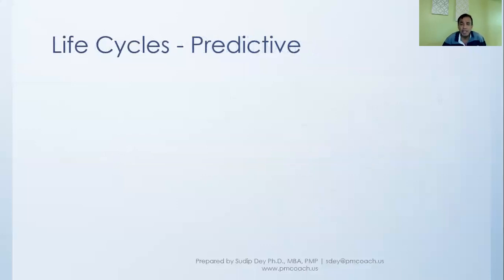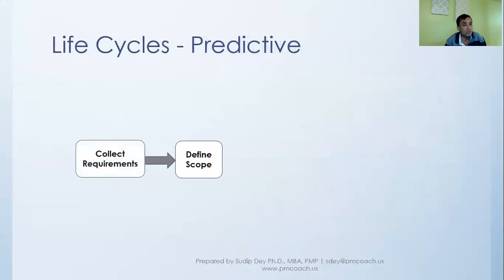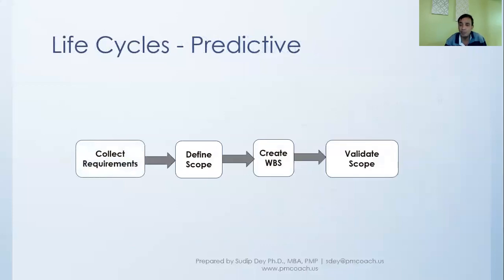Now, if it is a predictive life cycle, the way we'll move forward is we'll collect the requirements, we define the scope, we create WBS, we validate scope. And so it goes in a sequential process, because we said in predictive, we'll have everything fine, because we have the requirements fixed. We are not worried about the requirements, because we know the requirements and we think there is not going to be any change in the requirements.